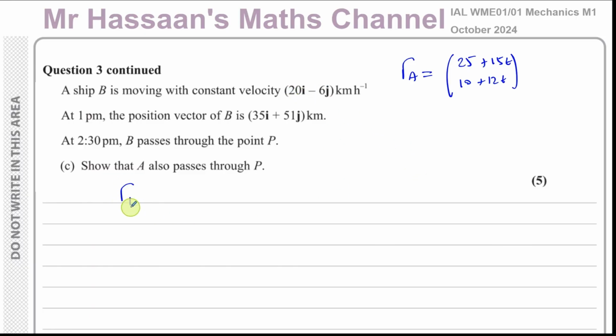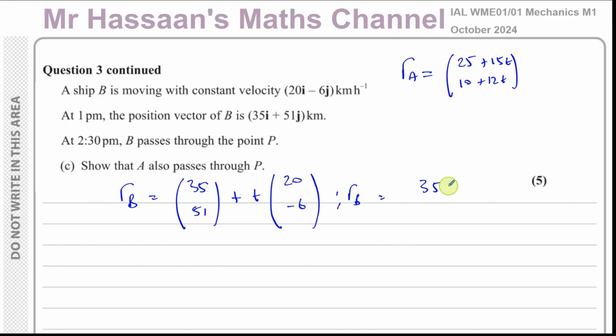So the position vector of B: its initial position vector is 35i plus 51j, and its velocity vector is 20i minus 6j. So we can write this, if we want, as 35 plus 20t, that's the i component, and 51 minus 6t, that's the j component.